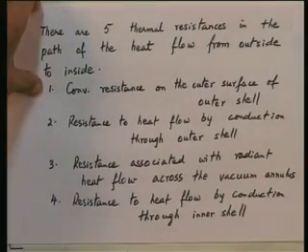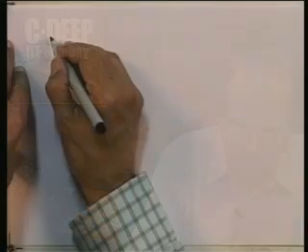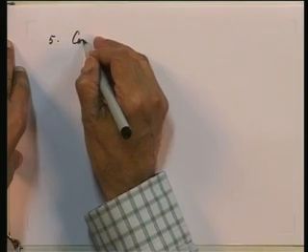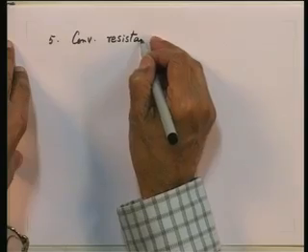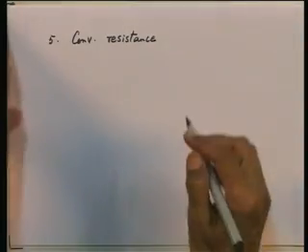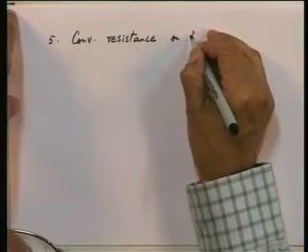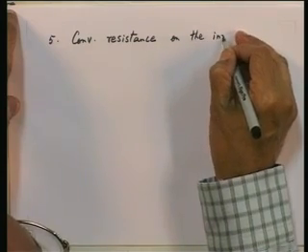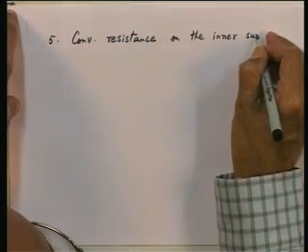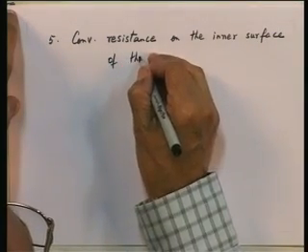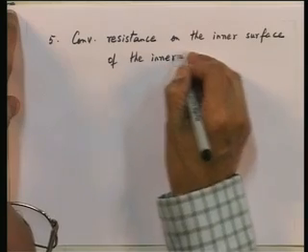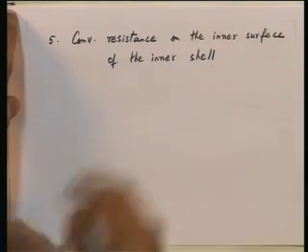And the last resistance will be the convective resistance on the inner surface of the inner shell. All right, these are the 5 thermal resistances.